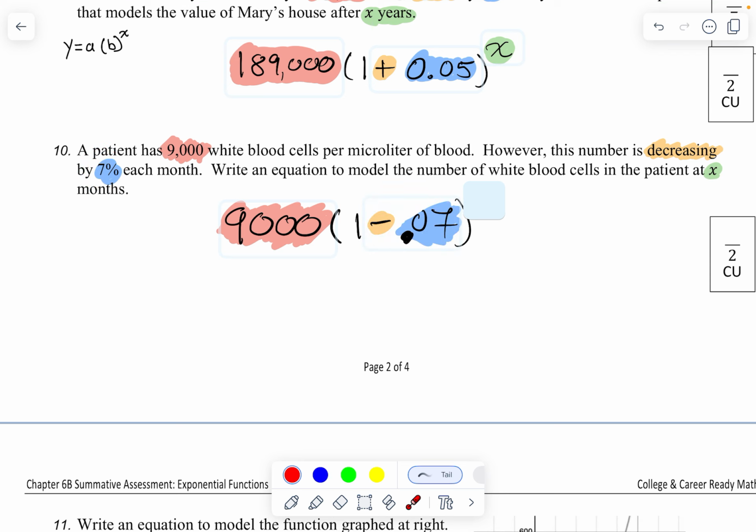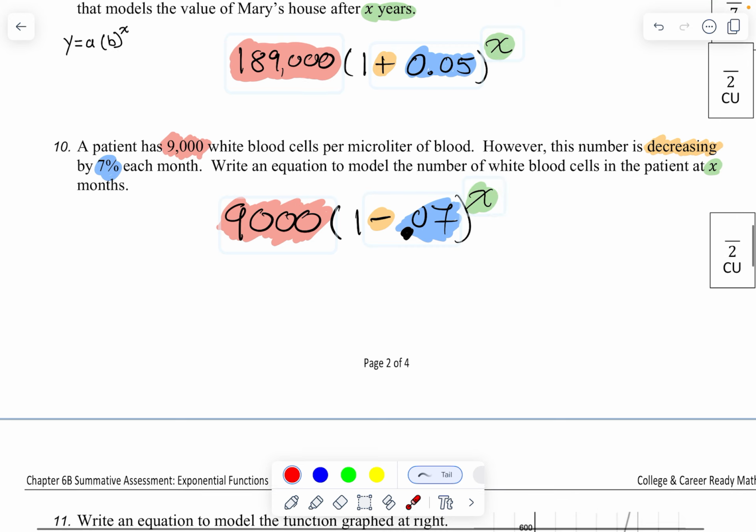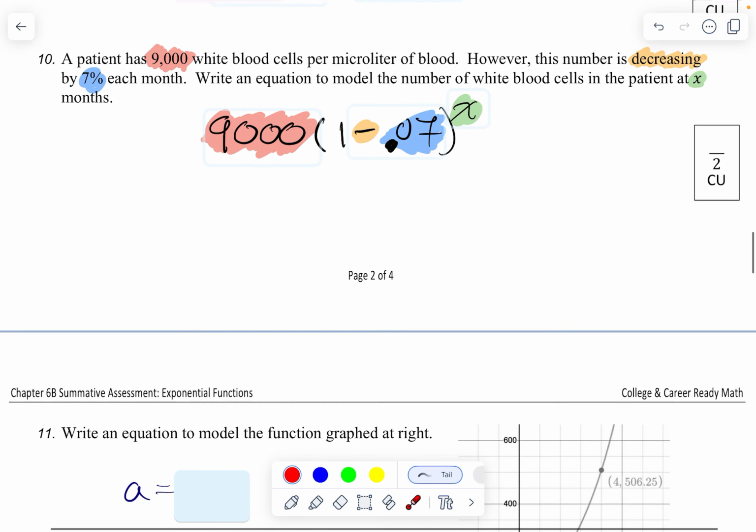So I'm going to say minus 7% as a decimal, 0.07. We're going to have this continue for X months, hopefully not too long. That would be concerning if it goes on for too long.